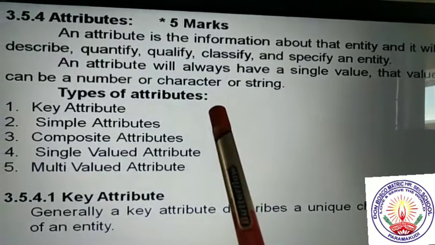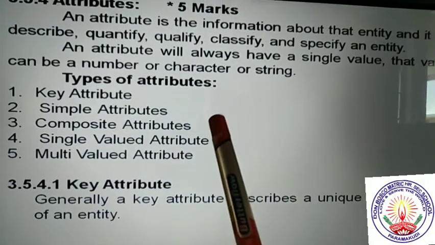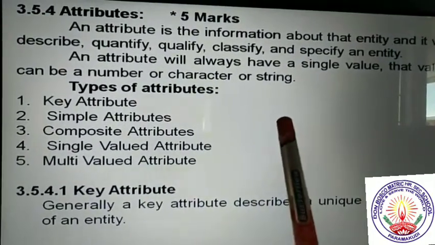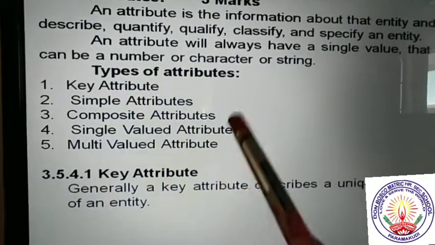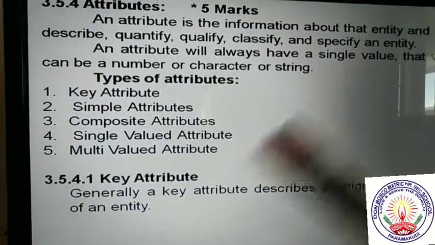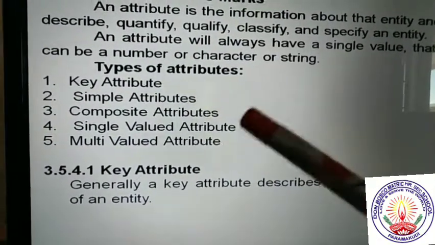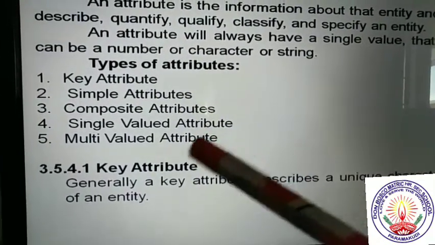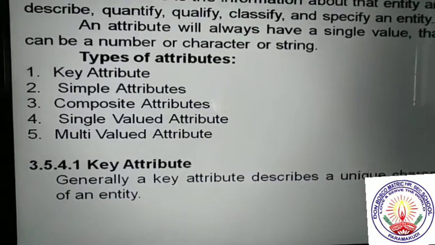Already you know the character. Character means we use it only for a single letter. String means we use it for a collection of letters. Okay. So if you create the attribute, we follow five types of value: key attribute, simple attributes, composite attributes, single valued attributes and multi-valued attributes. The first one, key attributes.